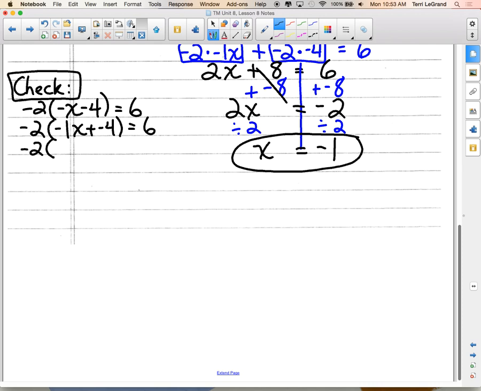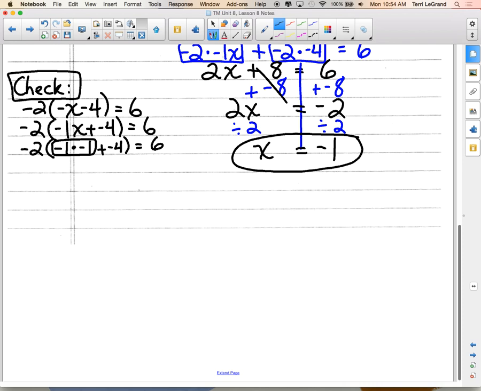So -2 times negative 1x means take negative 1 and multiply it times the x value, which is also a negative 1. Let's just put a little box around that showing where we did our substitution. And then we just bring along everything else that doesn't have any x's involved in it.